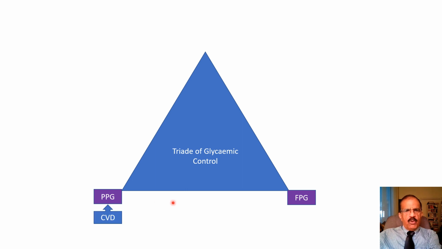It is important to mention here that postprandial glucose correlates with cardiovascular complications more closely than fasting. This is very important because 75 to 80% of the morbidity and mortality of type 2 diabetes is related to cardiovascular disease. So I think we would definitely like to focus on postprandial glucose to reduce cardiovascular disease.